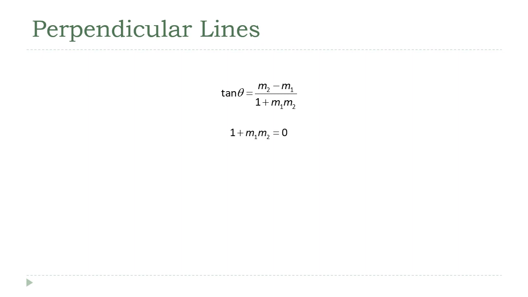So if I take this equation and solve it for m1, subtracting 1 from both sides and dividing both sides by m2, you get this relationship. And this is the relationship you learned back in that earlier algebra class: if two lines are perpendicular, then their slopes are negative reciprocals of each other. And that's exactly what we're seeing here.